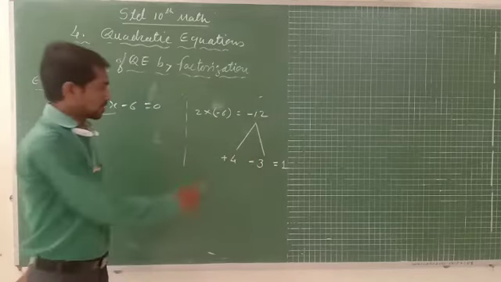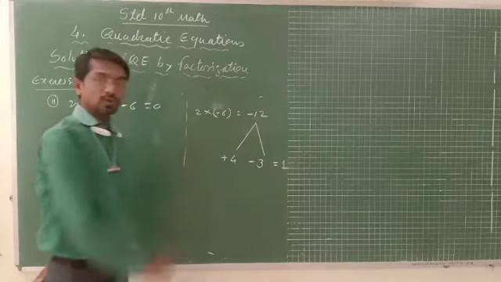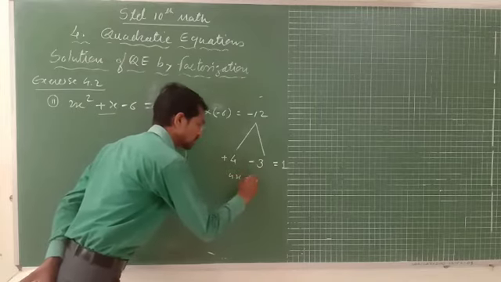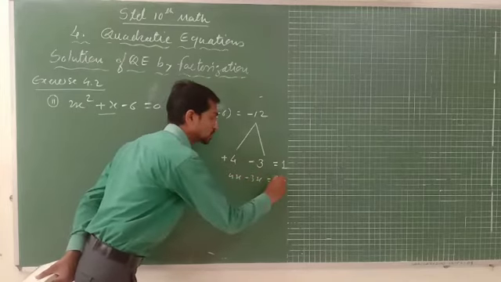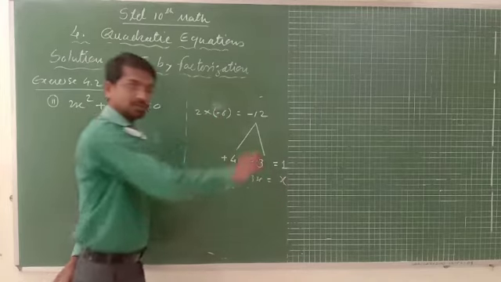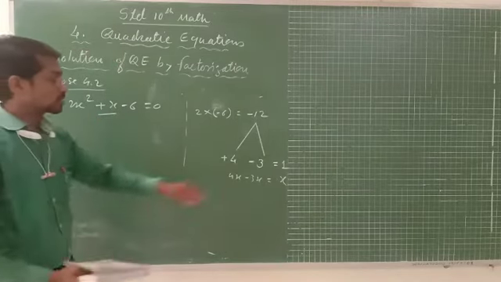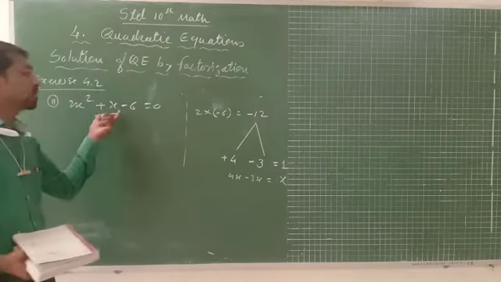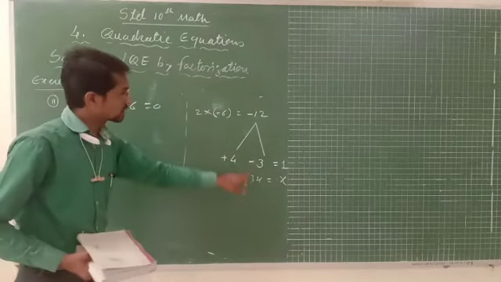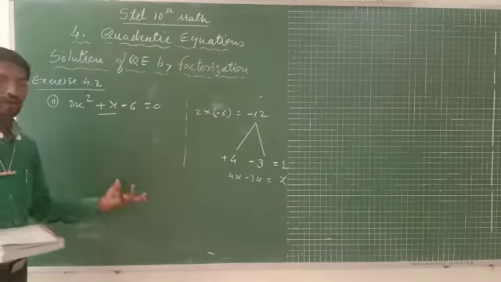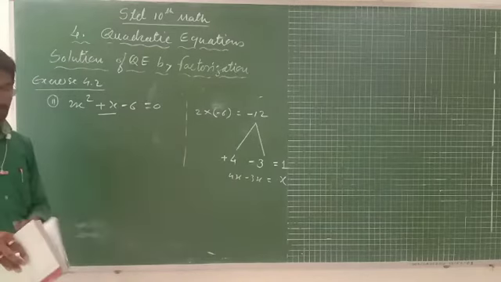Try this one. 4 into minus 3 is minus 12, right? 4 minus 3 is 1, means 4x minus 3x is equal to 1x. That is called x, right? So instead of this x, what we have to put here? 4x minus 3x means we get x. And 4 into minus 3 is minus 12. Okay. Then regrouping that, find out the two factors and roots. Go for this one.